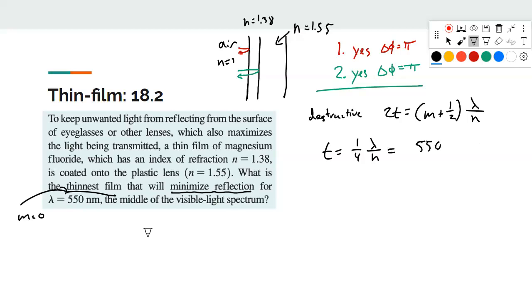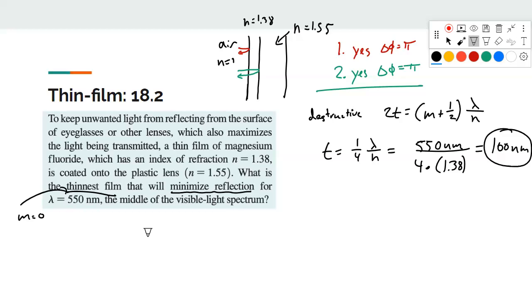So 550 nanometers over 4 times the index of refraction for the film itself, 1.38. This gives roughly 100 nanometers for the thickness. So we're like 550 divided by roughly 5-ish.